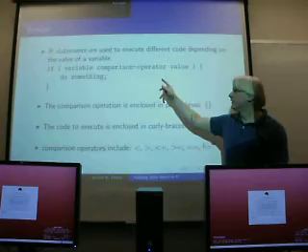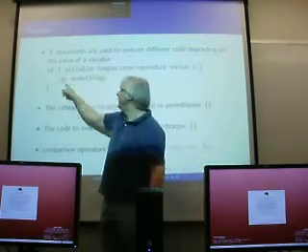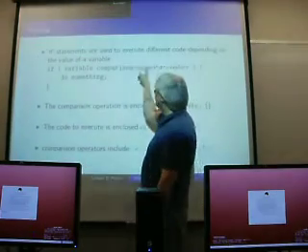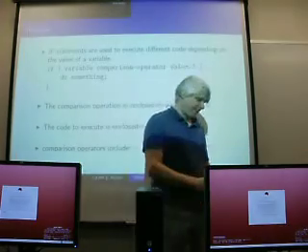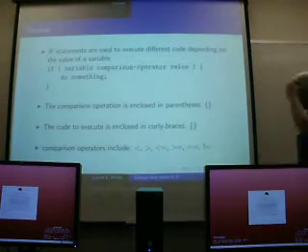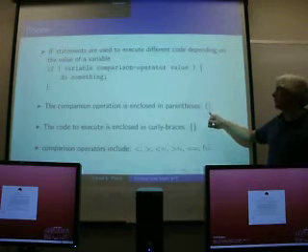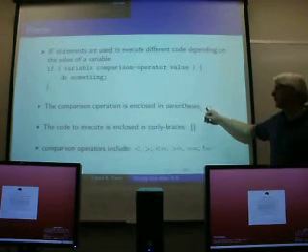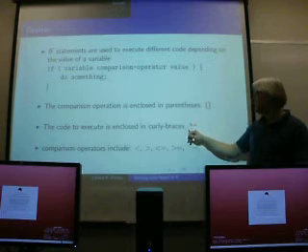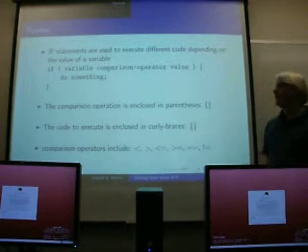That basically says only do those statements if this thing here, whatever it is, is true. So the comparison operation is always in these parentheses, and the code to execute is in these curly braces.